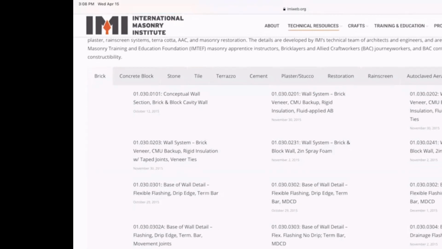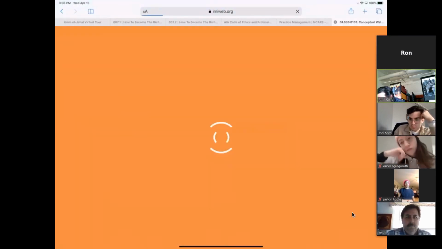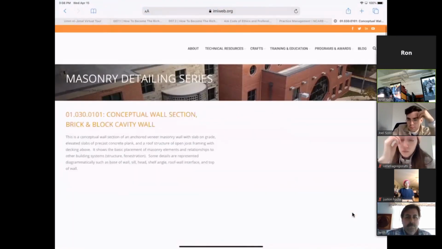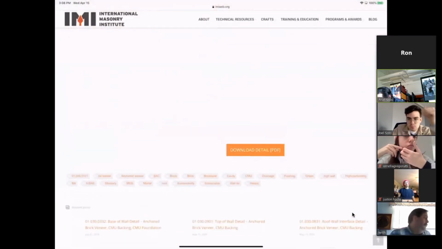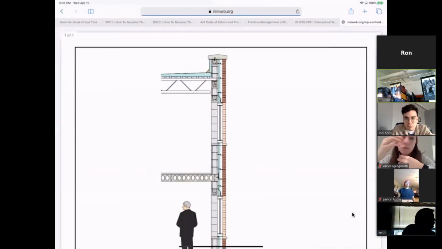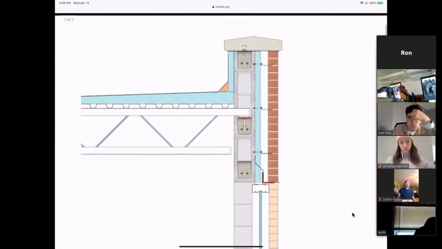My internet is bad, but if I click on one of these things right here, yeah, bad internet. There you go. Notice right here, this is your typical cavity masonry reinforced wall, right? I can look at the details we were talking about right now.